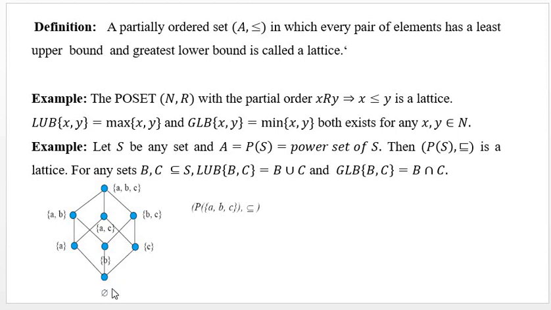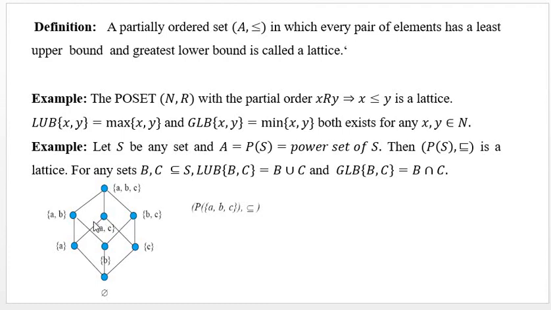In the Hasse diagram, this is the null set. If you consider two subsets, set A and set B, then A union B is set AB. If you consider set B and set C, B union C is set BC.